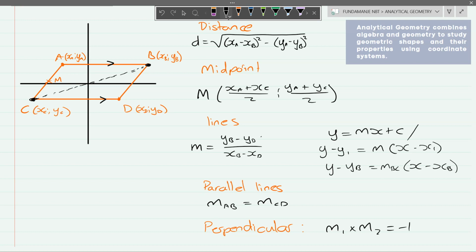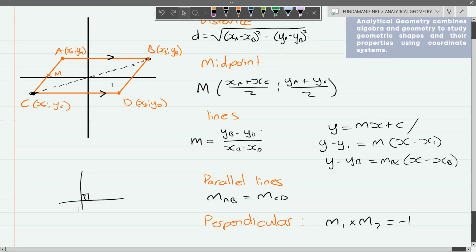So if you don't know anything about two lines and you're trying to find out if they are perpendicular, then calculate their gradients and then multiply them together. If you get -1, it means they're perpendicular. But if they are not giving you -1, then they won't be perpendicular.